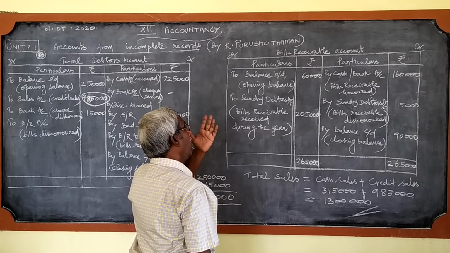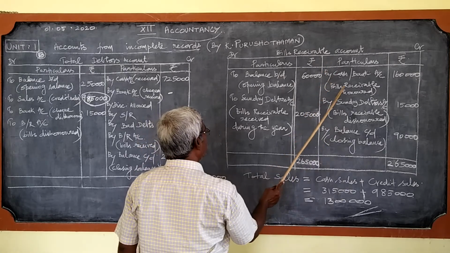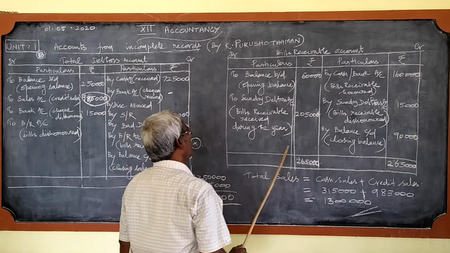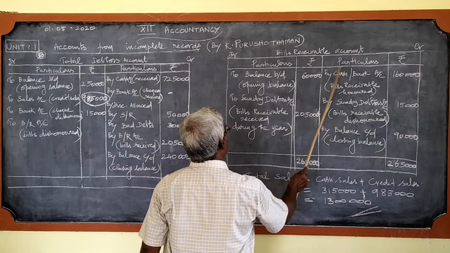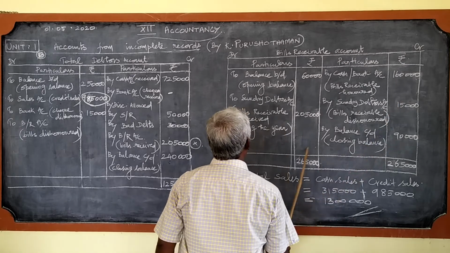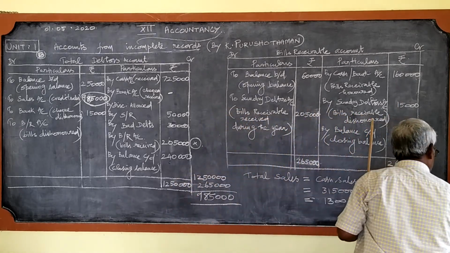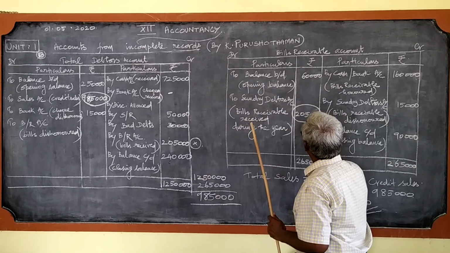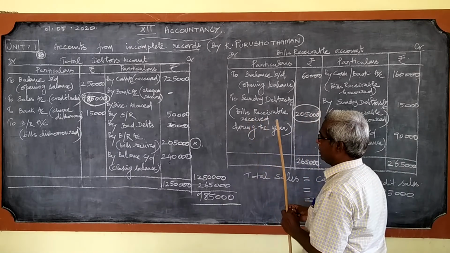There are 5 items. Out of these 5 items, if we fill up 4 items, we can find the bills receivable received using this format.